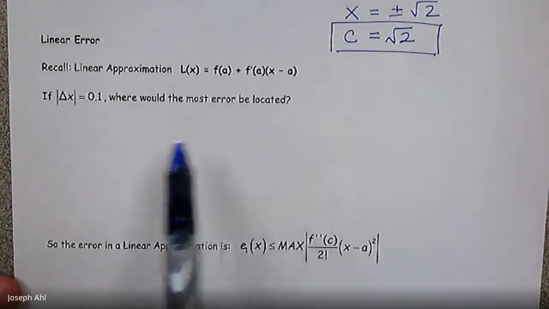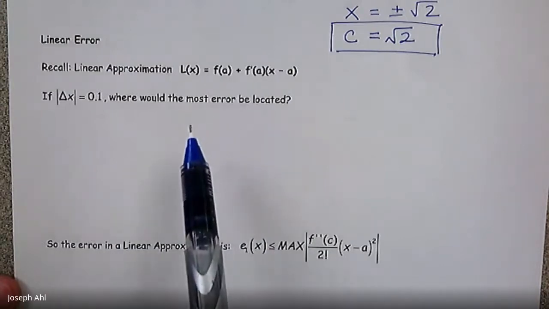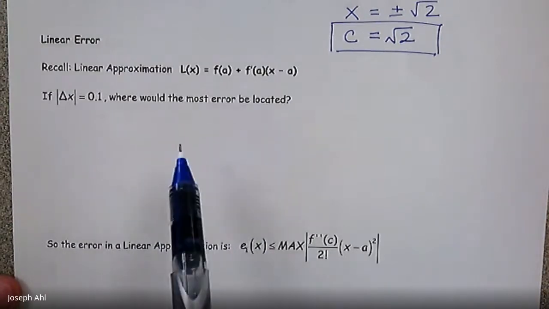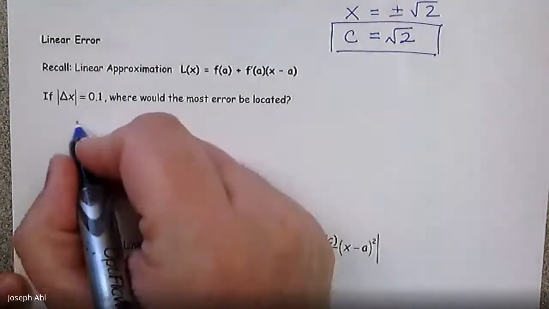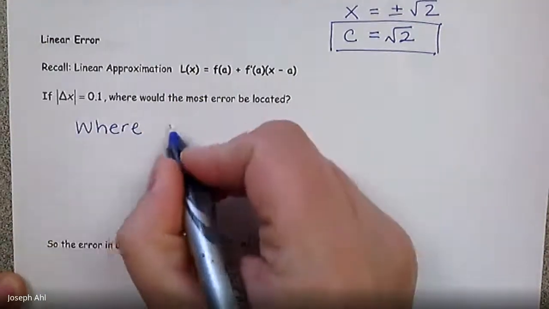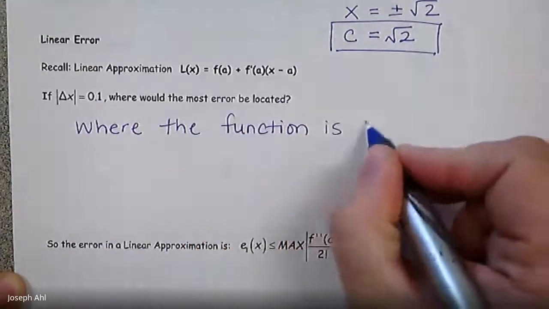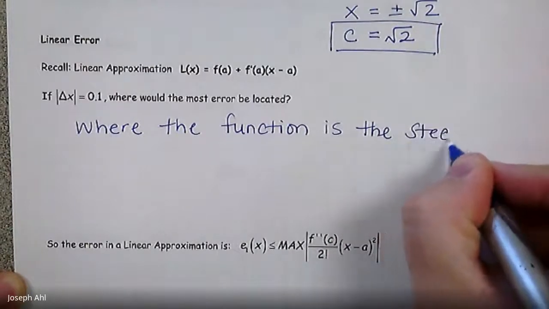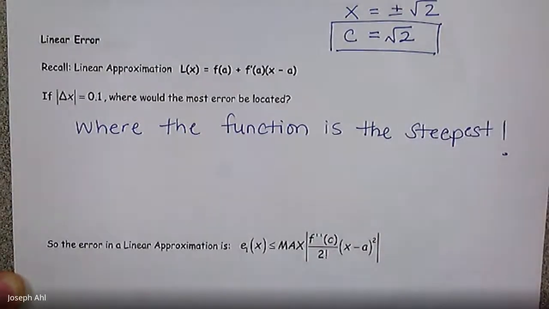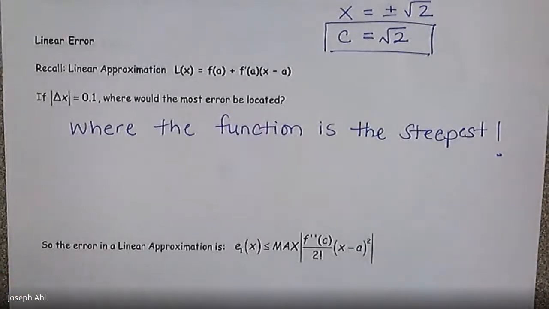And if we're talking about the error as far as our linear approximation goes, which is that slope of the tangent line there, you're going to get the most error where the function is the steepest. Okay, so if we're trying to decide how much error we have in our approximation, the most error that we'll have if we're trying to be within a certain radius of our value of x is going to be wherever the function happens to be the steepest.